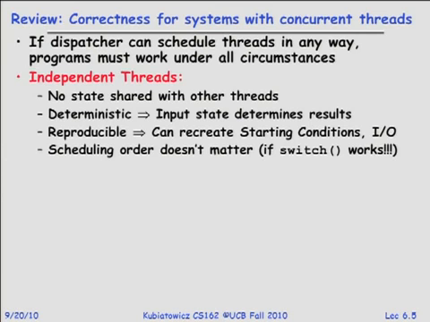This is a nice ideal because it doesn't matter what kind of interleaving of threads goes on, as long as your OS is not broken, you'll get the same answer no matter what you do, because the two of them don't depend on each other. If there's nothing that thread A and thread B have in common, you could start and stop A and B in any arbitrary way, and you'll get the same answer at the end. Does that make sense to everybody?